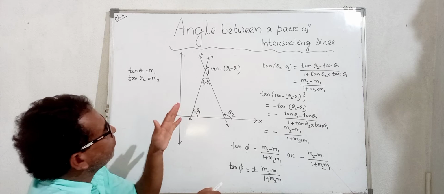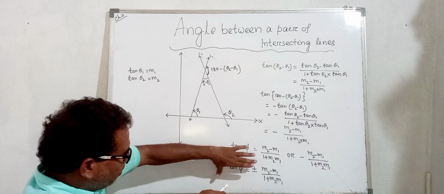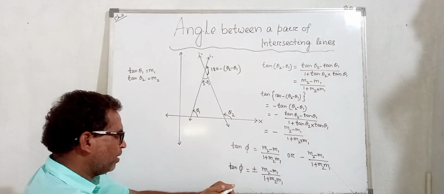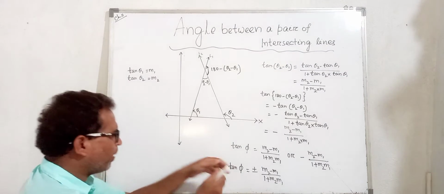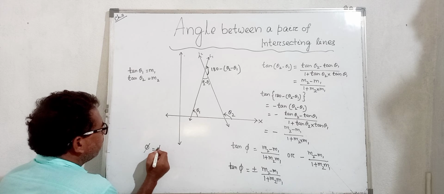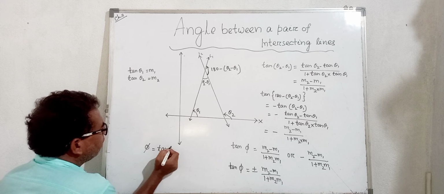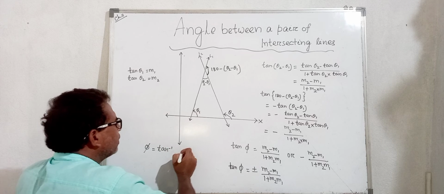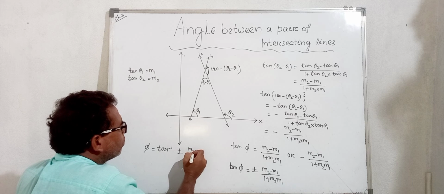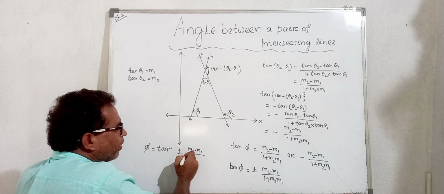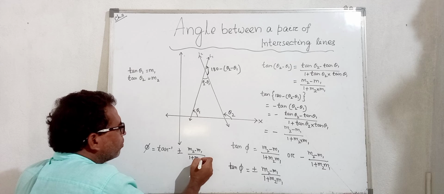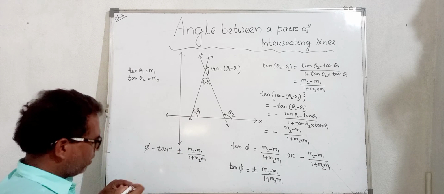Knowing this formula, you can find the value of phi. Phi will be tan inverse of plus or minus (m2 minus m1) by (1 plus m2 into m1), right?